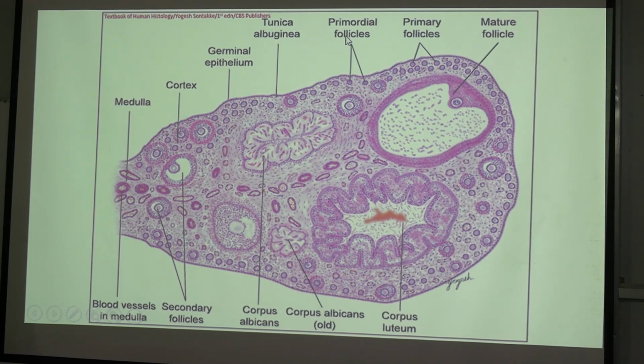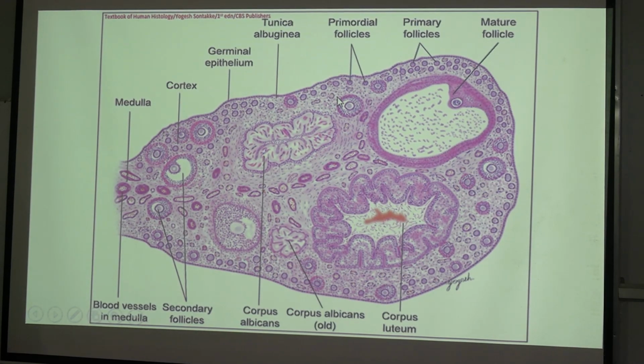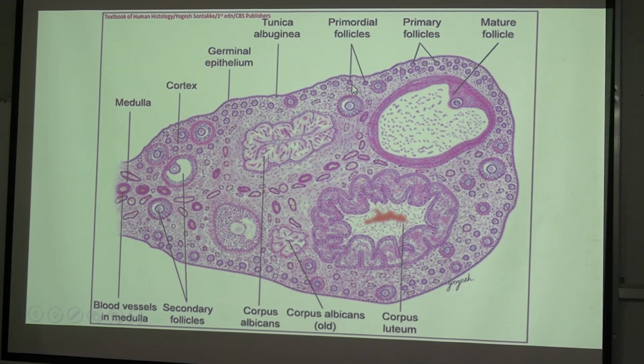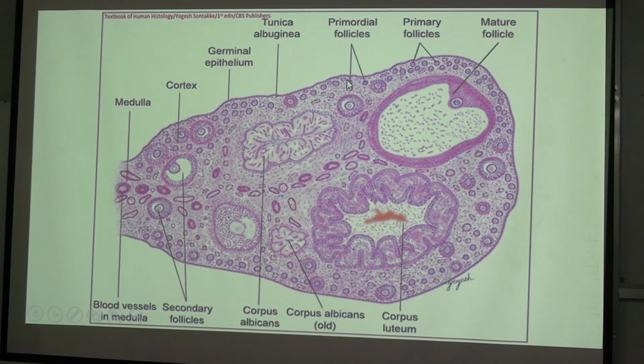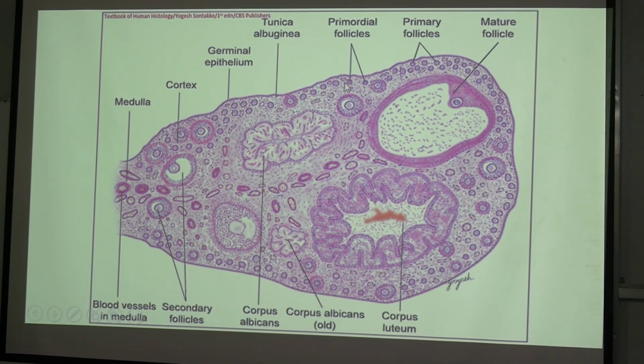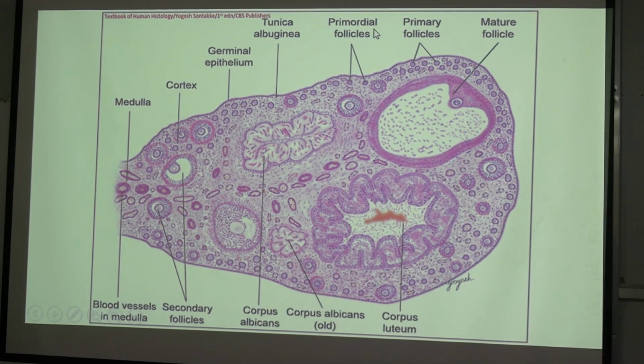What is this primordial follicle composed of? It has two elements. One is the oogonia, with the nucleus present in it, which is arrested at the meiosis 1 diplotene stage, and it is covered by a flat single layer of cells, which we call follicular cells. So these two components make up the primordial follicle.